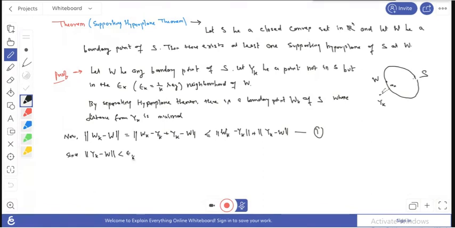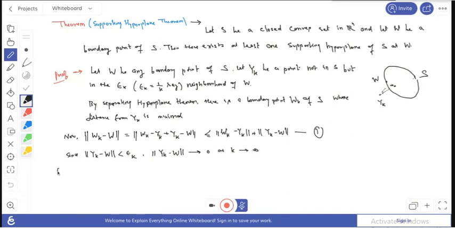Here epsilon k equals 1 by k. When k tends to infinity, epsilon k equals 0. So this means that the norm of yk minus w tends to 0 as k is very large.